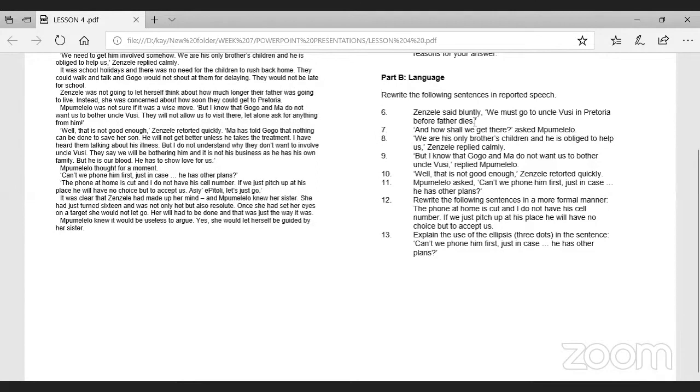Are you guys comfortable with that? Because I want to hear how you have managed to change the sentences into reported speech.